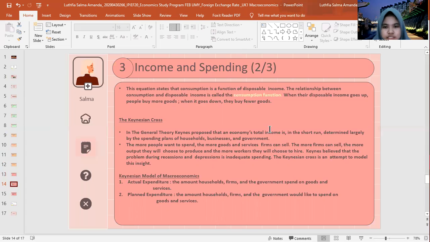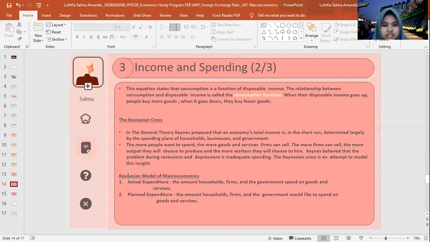You can read this in the Keynesian cross model of macroeconomics, and there are two concepts. First, actual expenditure, the amount households, firms, and the government spend on goods and services.